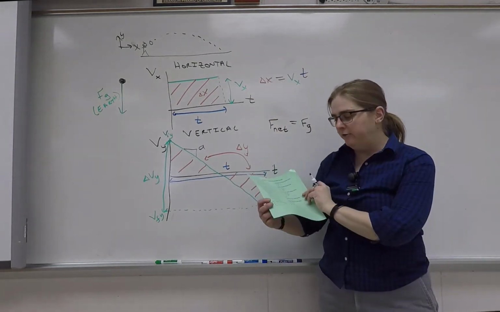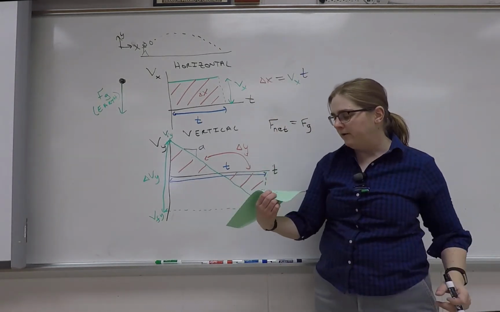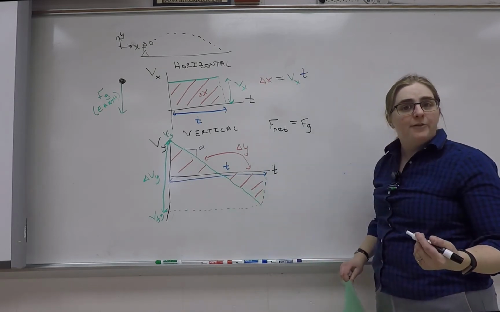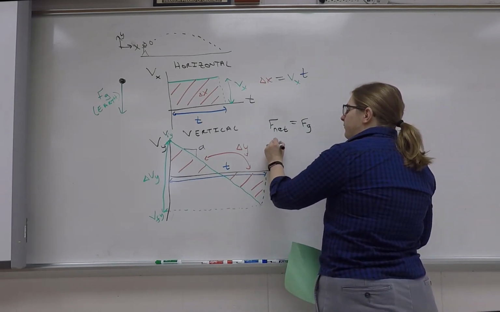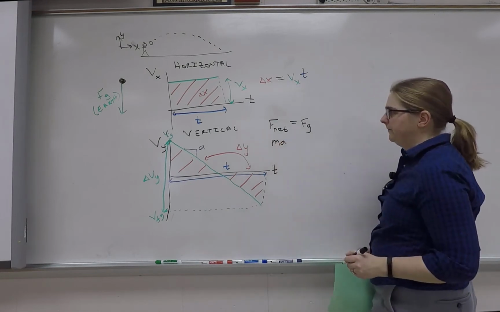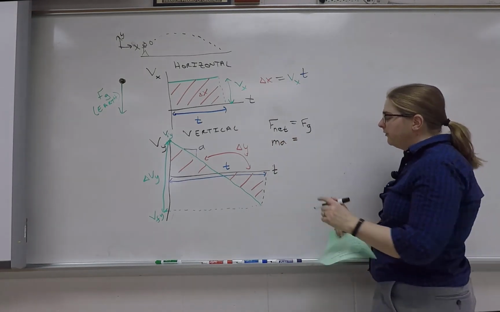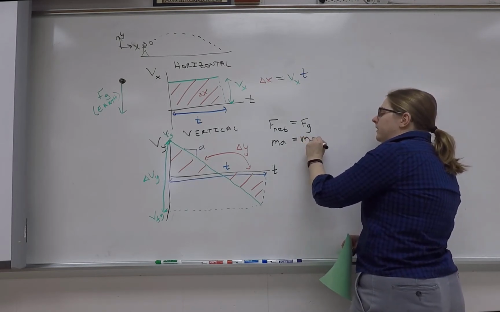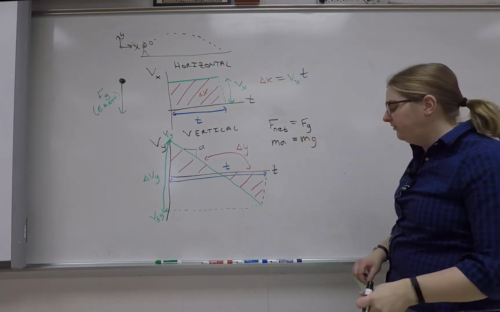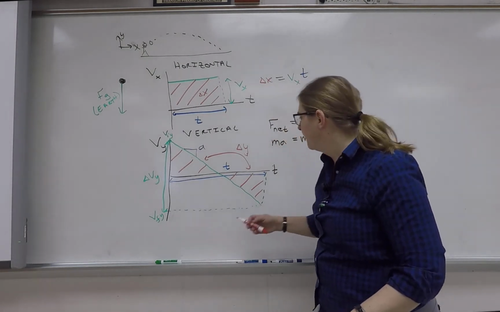Now, if I go back to my green sheet under force on a particle model, we figured out that F net equals ma. So I'm just going to do a little substitution here. Instead of F net, I'm writing ma. And then force of gravity is m times g, where that g is 10 newtons per kilogram.